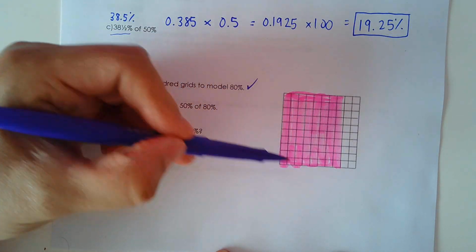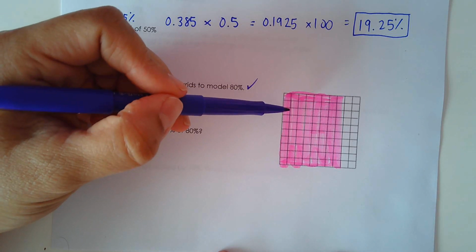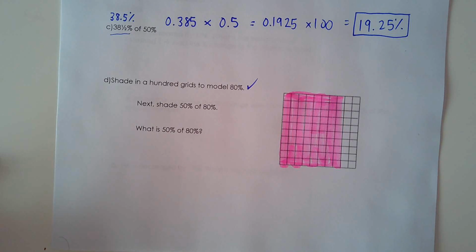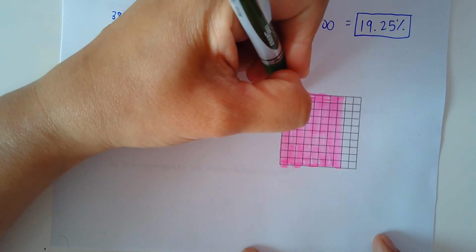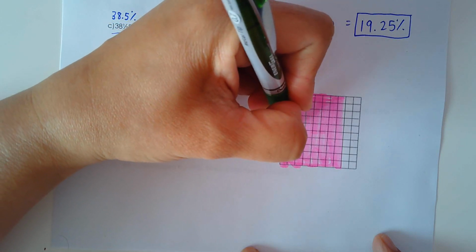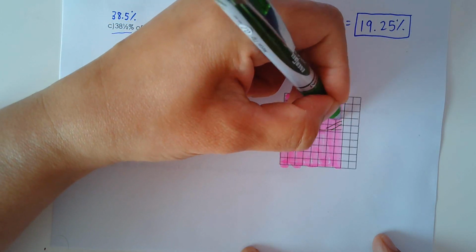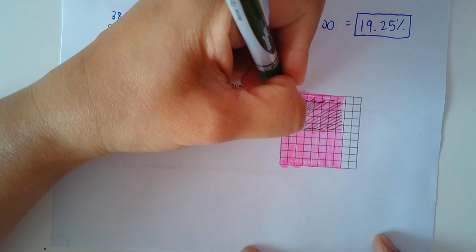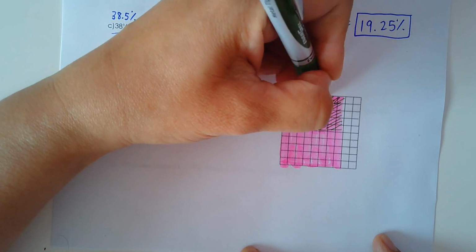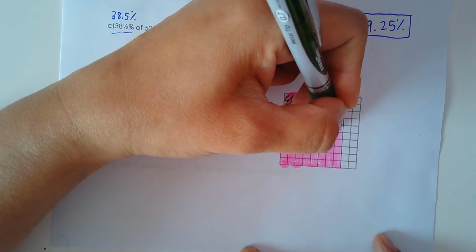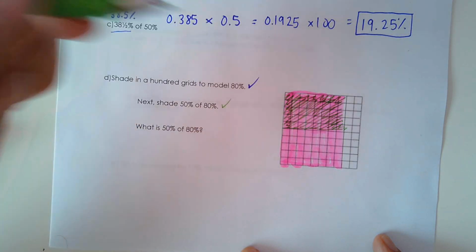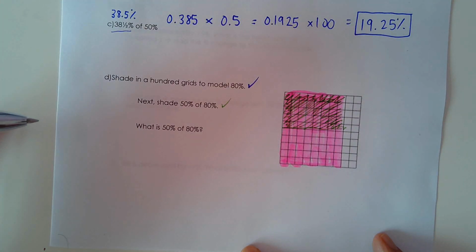So with this 80%, we want to shade half of it, and how many squares would that be? So we shaded in half of the 80%, which looks like it would be 40%.